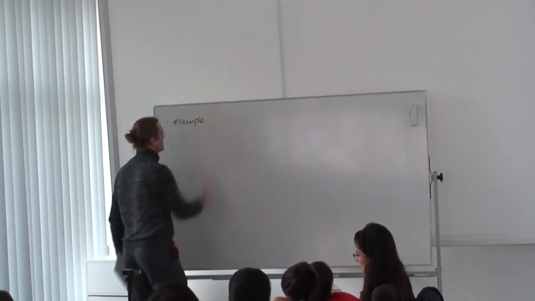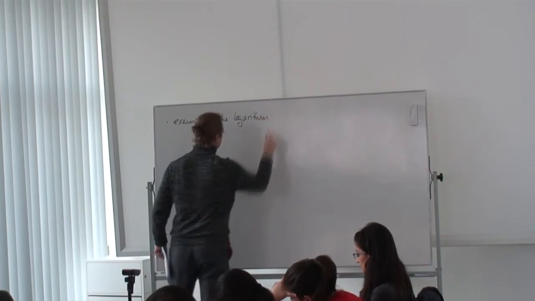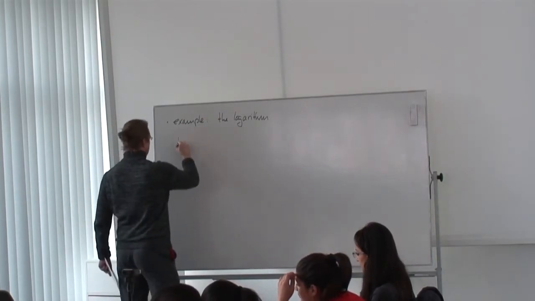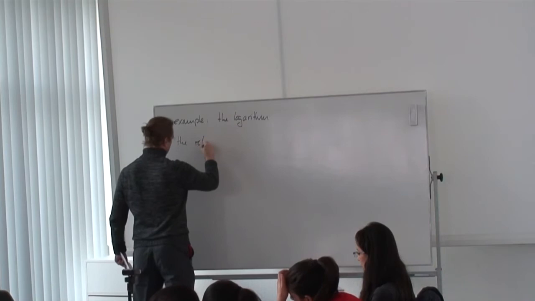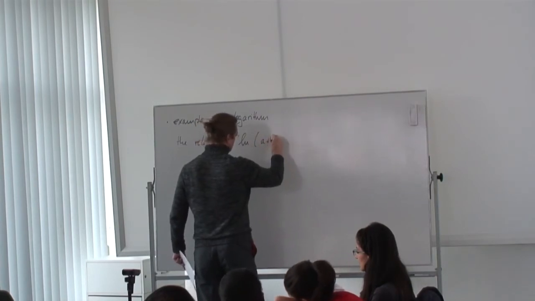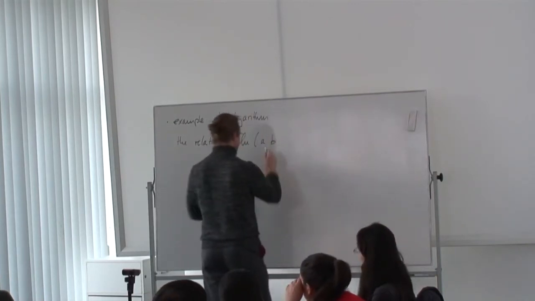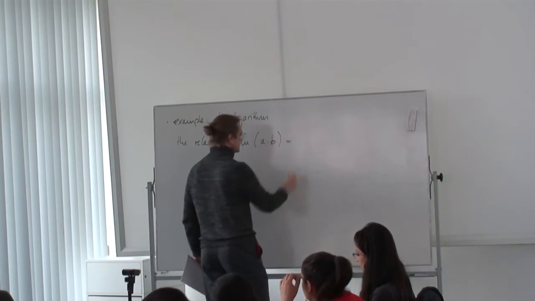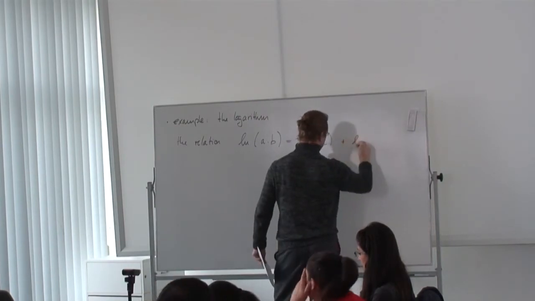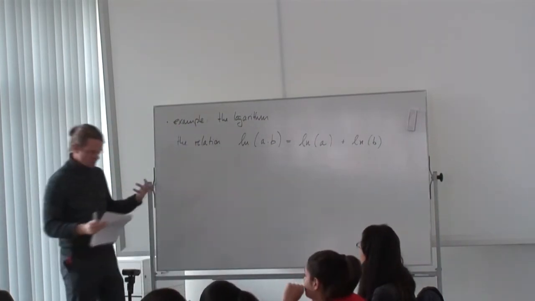The example is the logarithm, and I hope you are familiar with the relation: ln of a times b is equal to taking the logarithm of a and adding the logarithm of b. So the logarithm of a product is the sum of two logarithms.